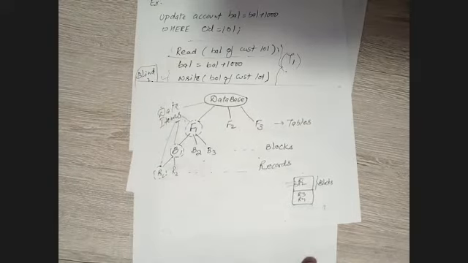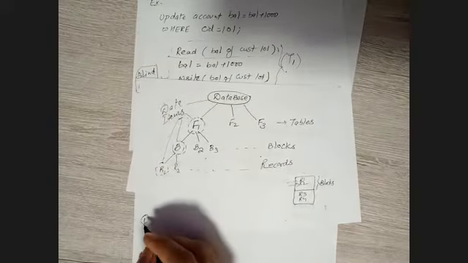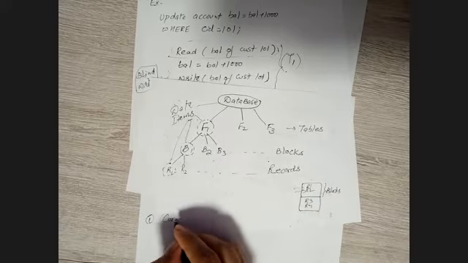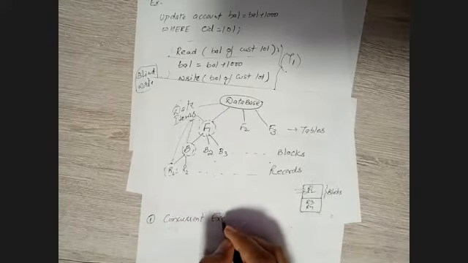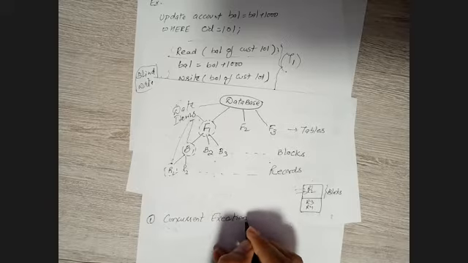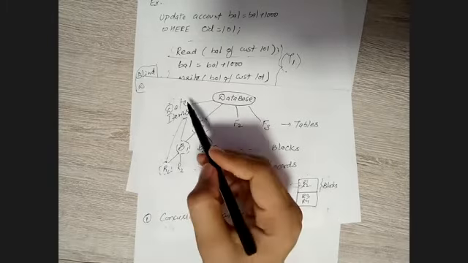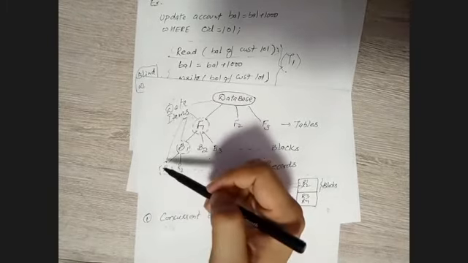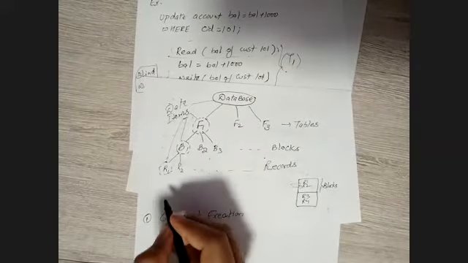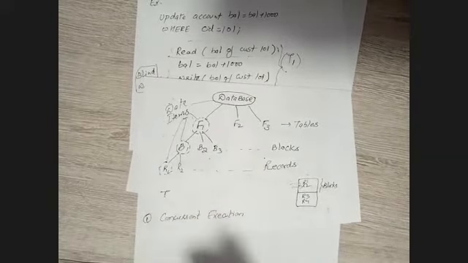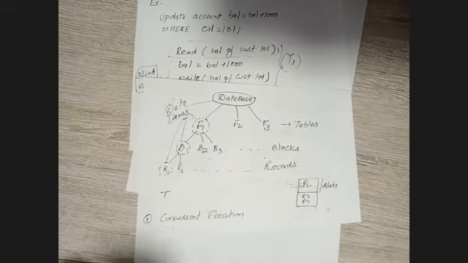So now understand the first term, which is called your concurrent execution, right? So we perform read and write operations over the data items, right? And after performing read and write operations, we use different transactions. We say multiple transactions.